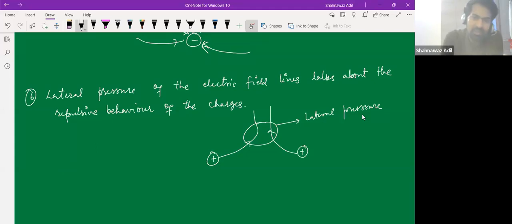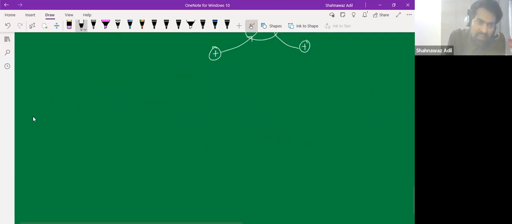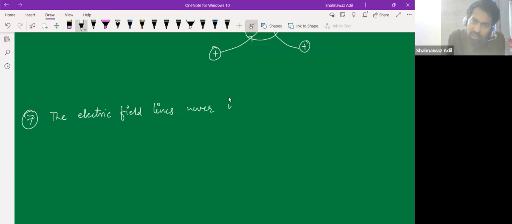So this is lateral pressure, and the seventh point is that the electric field lines never intersect at the neutral points, right?